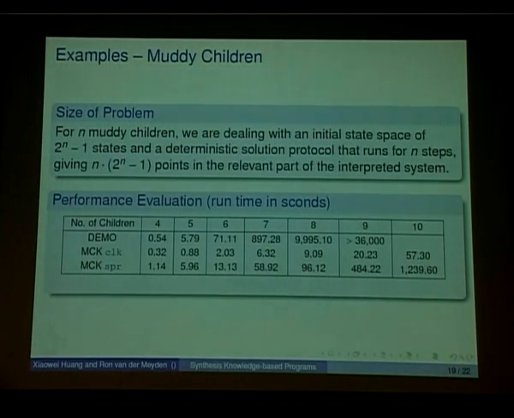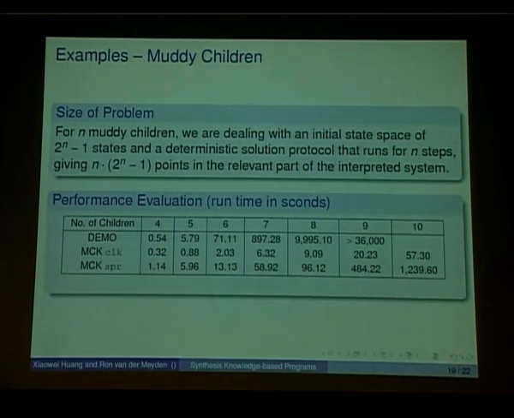Now let's see the problem size. The muddy children problem is an exponential blow-up of the state space with respect to the number of agents. We can see that DEMO can work up to 8 children within 10 hours. But with clock semantics, we can work with 10 children within just 1 minute.